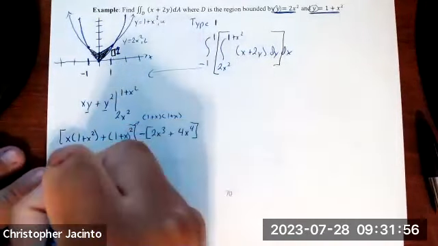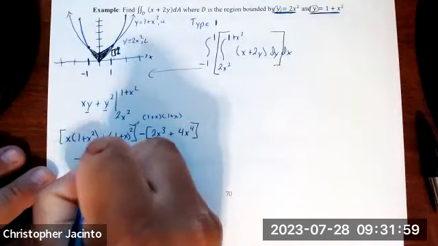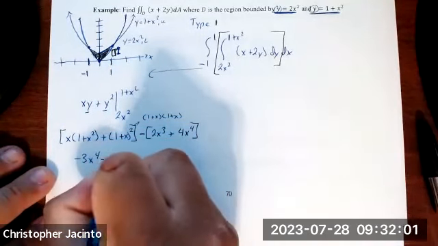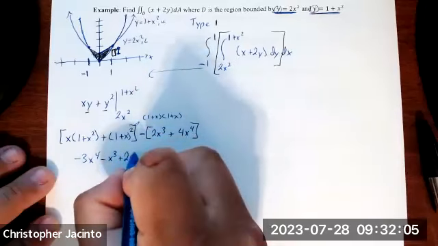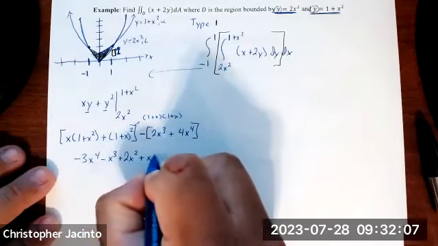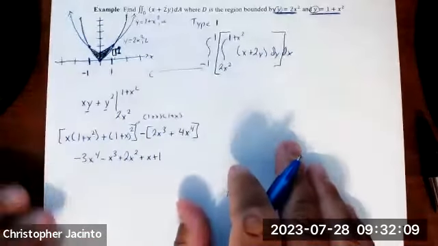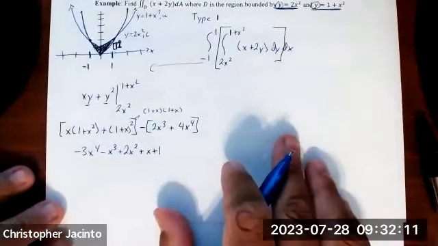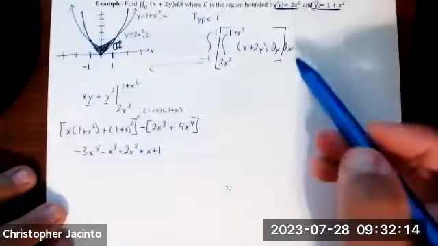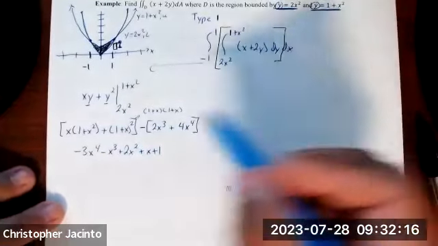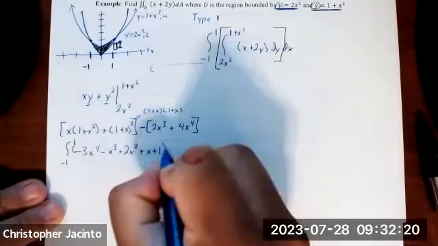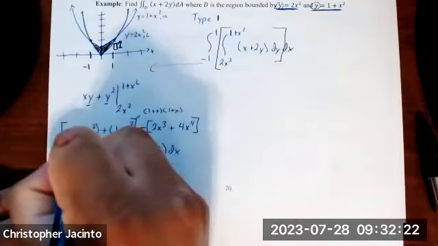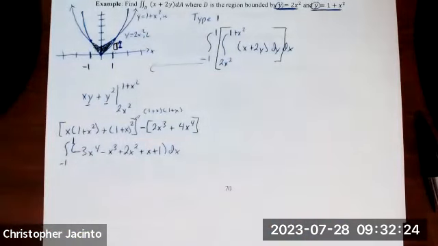I end up getting something like this. And now remember, after we simplify all that, now we do the integral with respect to x. So this is now the integral from -1 to 1 dx. So we're almost done.